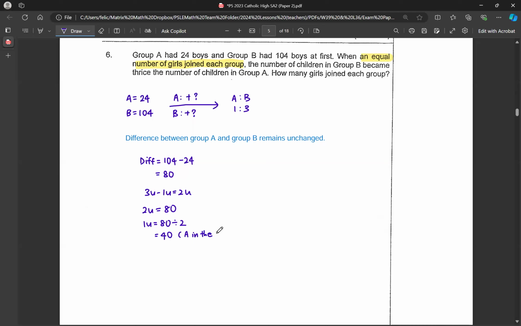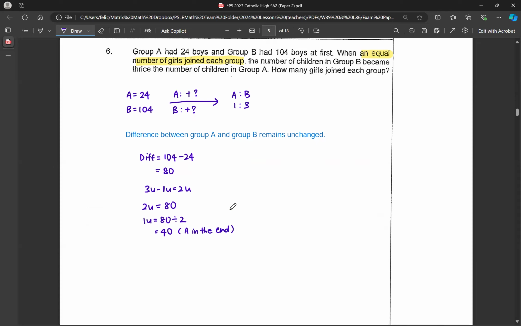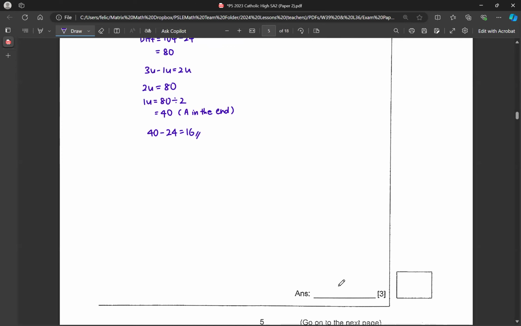A in the end. Okay? Which means now I can compare A at first. You compare A in the end. You see A at first was 24, but A in the end here is 40. So the number of girls joining the group, just take the after minus the before people. So that's 16 girls.